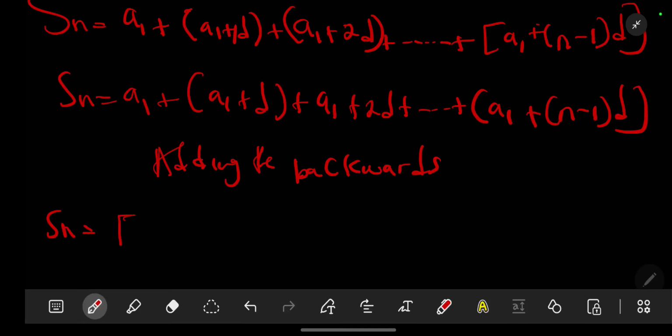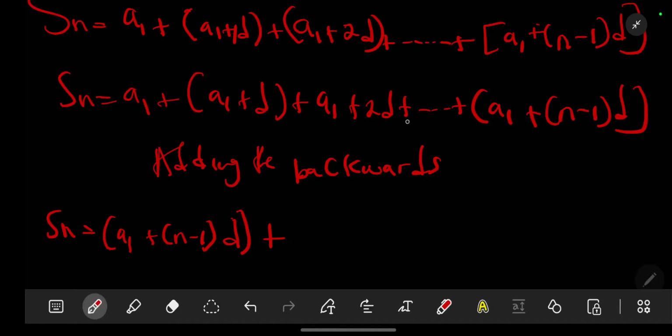We have our last one, which is A1 plus our n minus 1 times our D. So this is our term. Then we have plus.